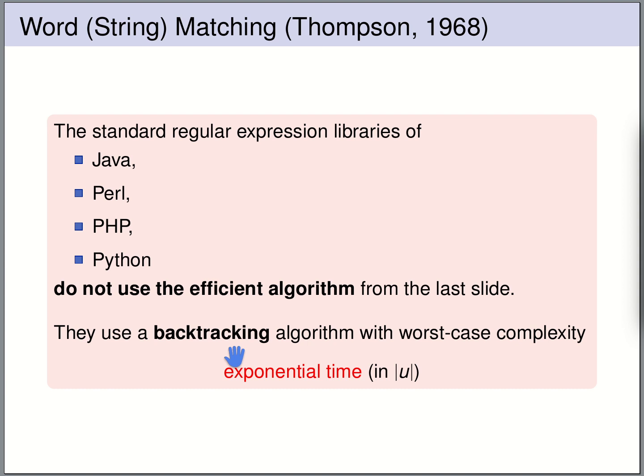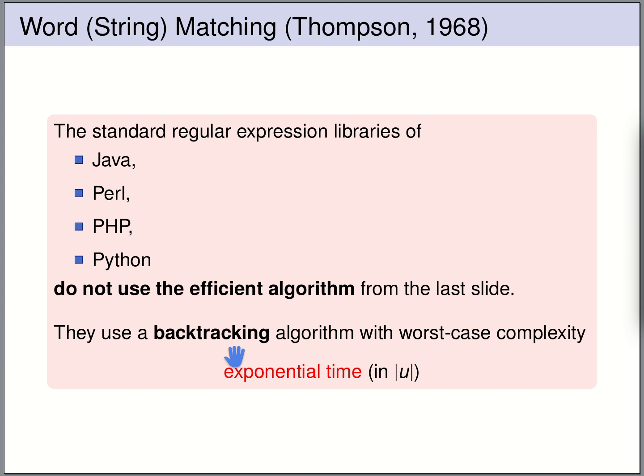So you might wonder, why do these standard libraries not use this clever algorithm? Partially the reason is that they try to go beyond the scope of regular expressions. You have certain features in these regular expressions that actually go beyond regularity. Some of these libraries allow you to express that certain subwords that have matched should be the same.